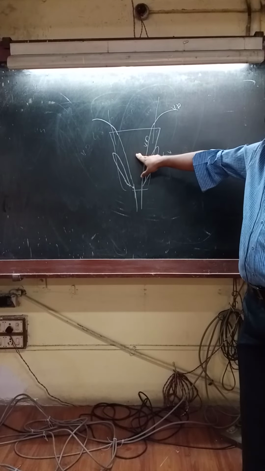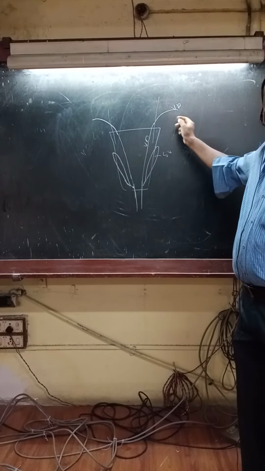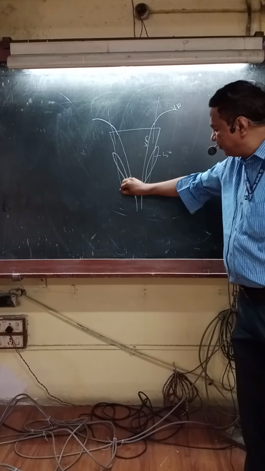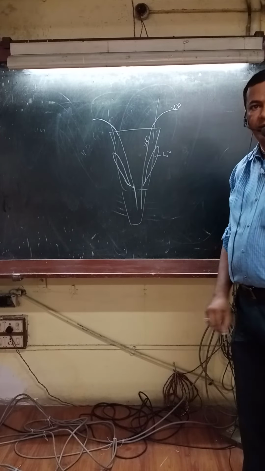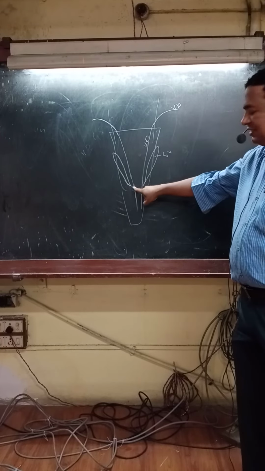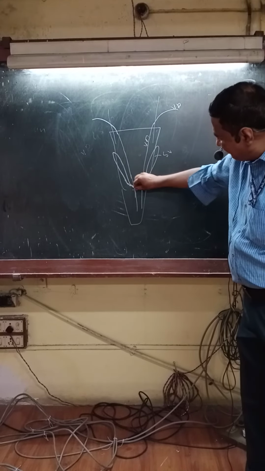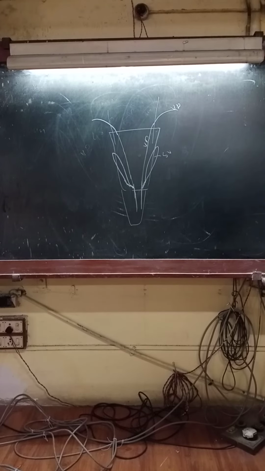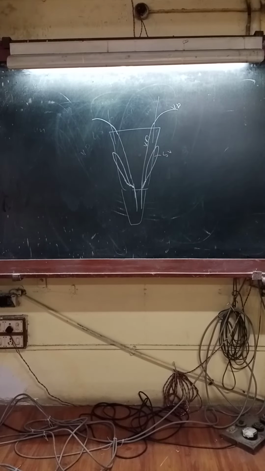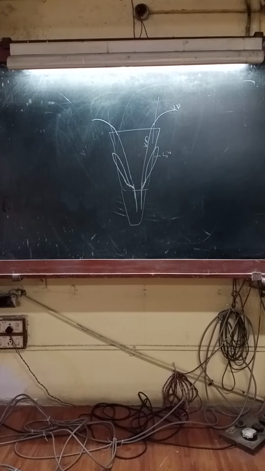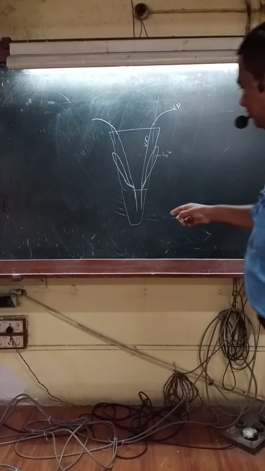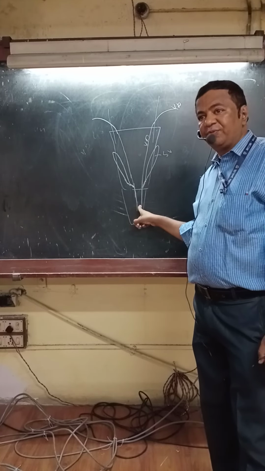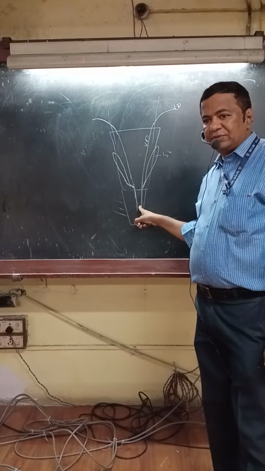The vas deferens crosses the ureter from lateral to medial side and goes down to the prostate. Beyond the point where the duct of the seminal vesicle joins, the vas deferens is called the ejaculatory duct, which opens in the posterior wall of the prostate. Is it clear?